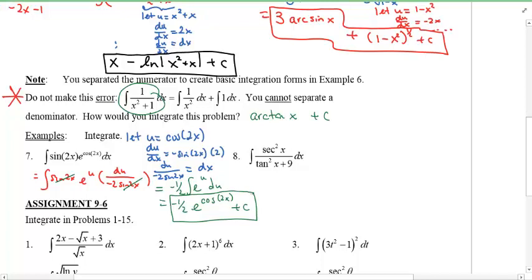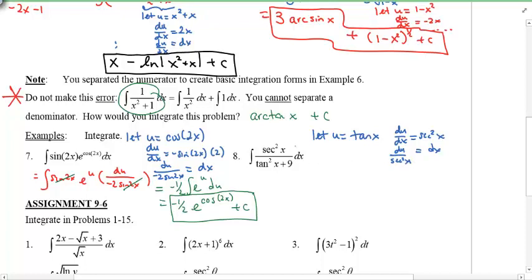And similarly for number 8, maybe we need to do some u substitution here as well. In this case, I see tangent and secant, so that kind of helps me think, if I let u equal tangent x, its derivative du dx is secant squared x. And that's good because that's what I see in the numerator.